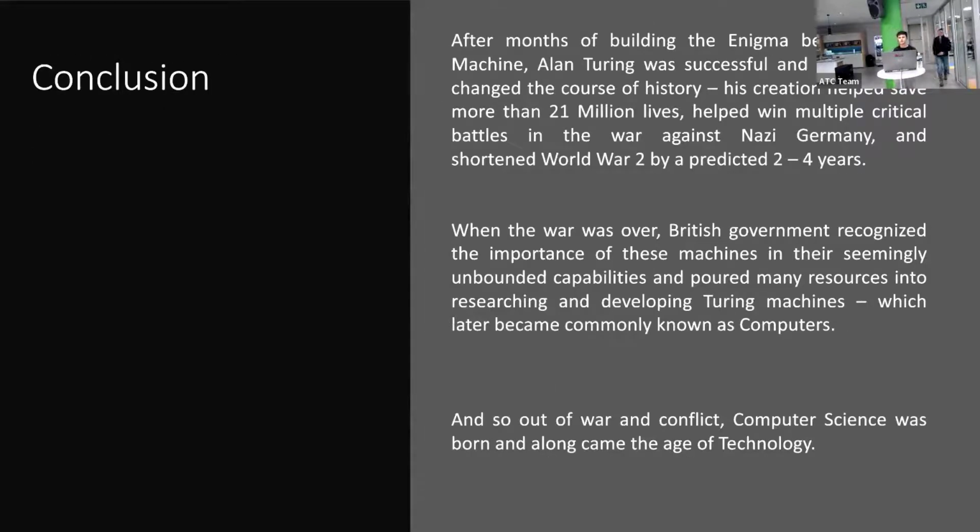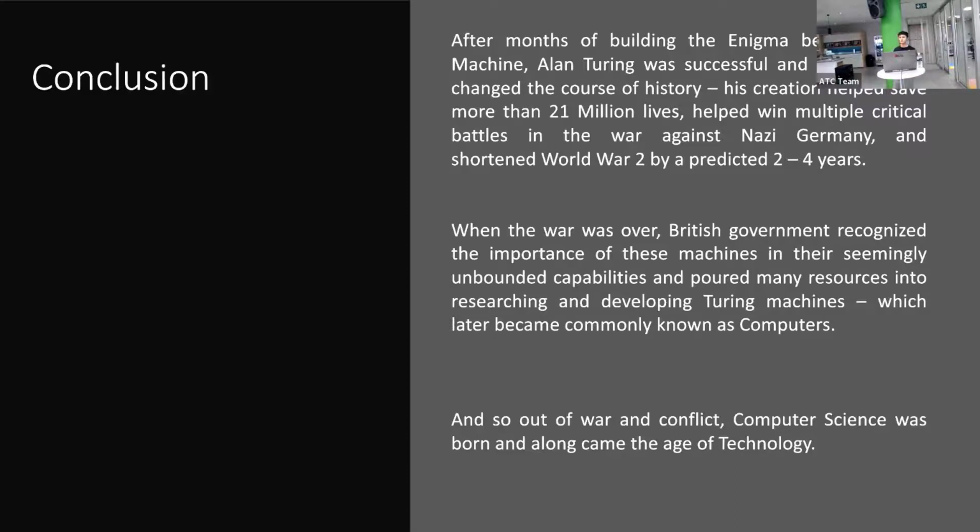So to conclude, after months of building his Enigma-beating Turing machine, Alan Turing was successful, and his machine helped save the lives of approximately 21 million people, and it helped win multiple critical battles in World War II, as well as shorten the war by 2 to 4 years.